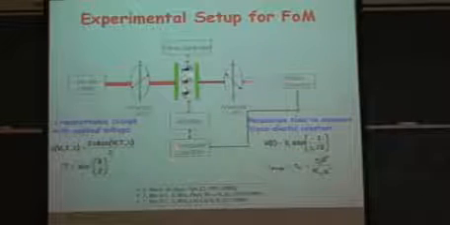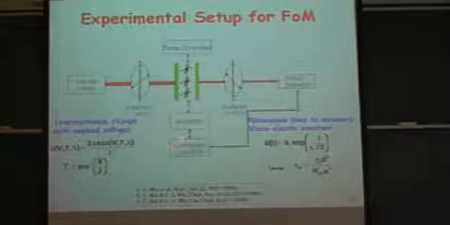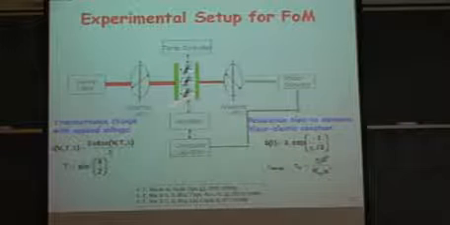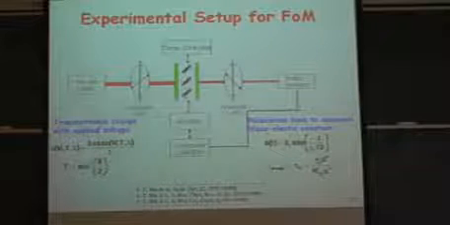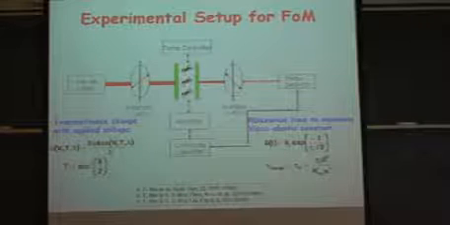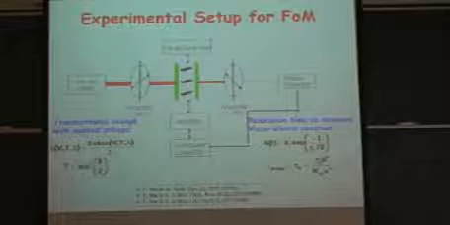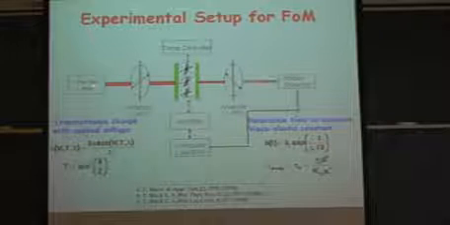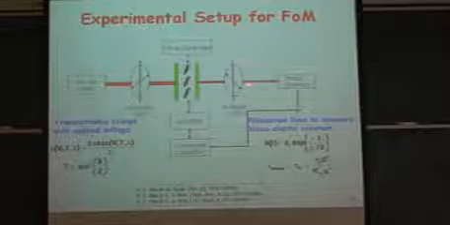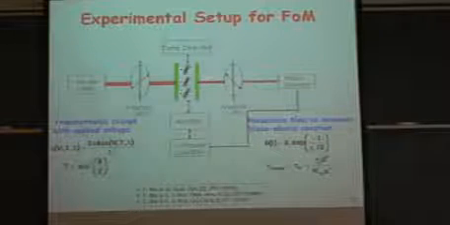The lab LabVIEW system applies a 1 kHz electrical signal to the liquid crystal cell. So on the top layer and bottom layer, you can apply a voltage here, right? Then we illuminate a helium neon laser to detect the transmittance.